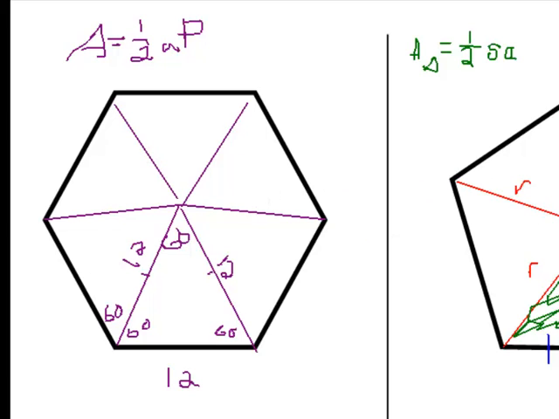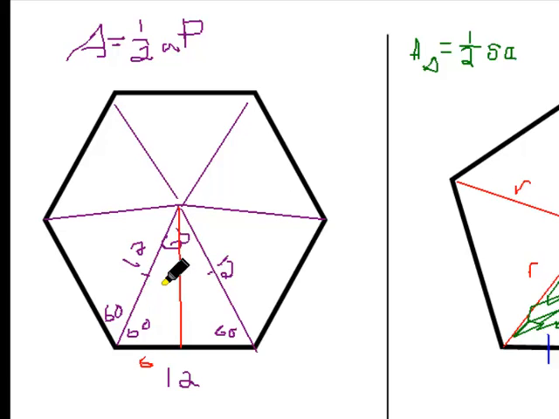Okay. So when I go to find this apothem, that makes it really simple for me here. Okay. Because now we actually have a 30, 60, 90 triangle, huh? So this is actually 6 and 12. So this is x and 2x.